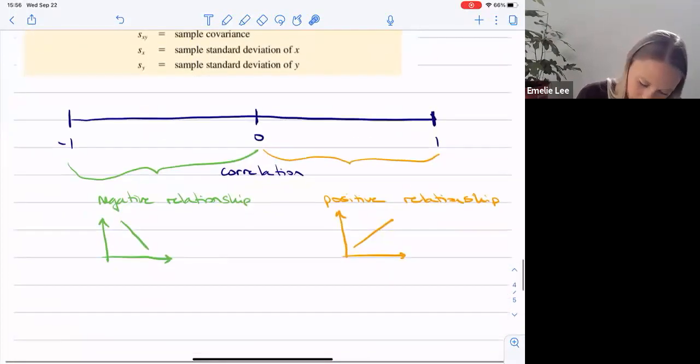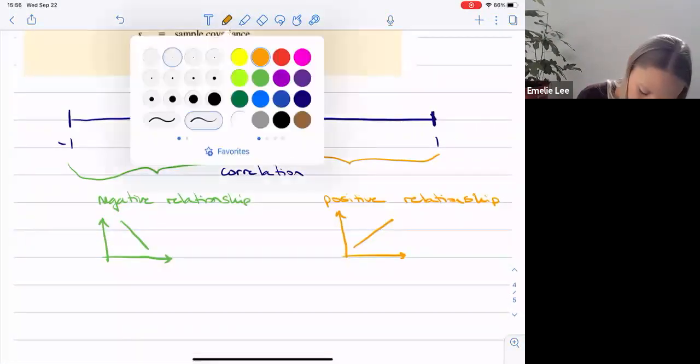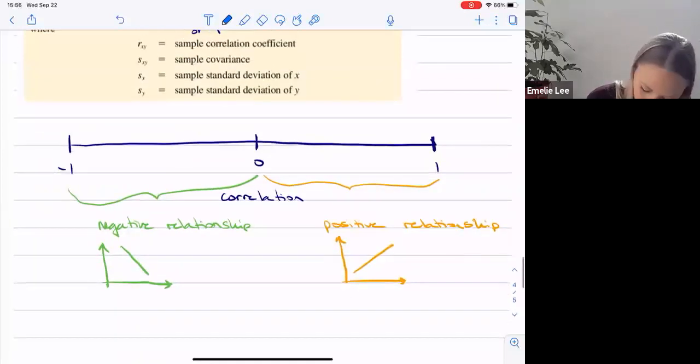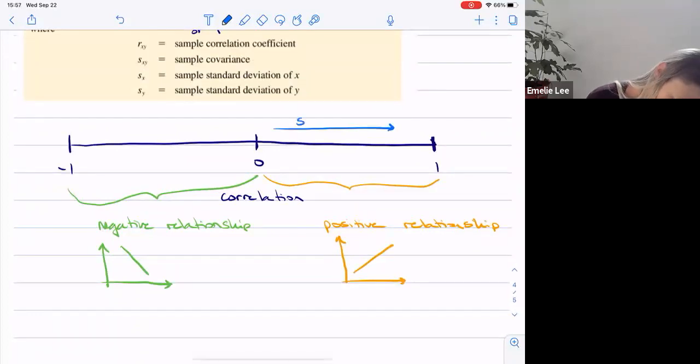So here, the strength increases as we move in either direction.